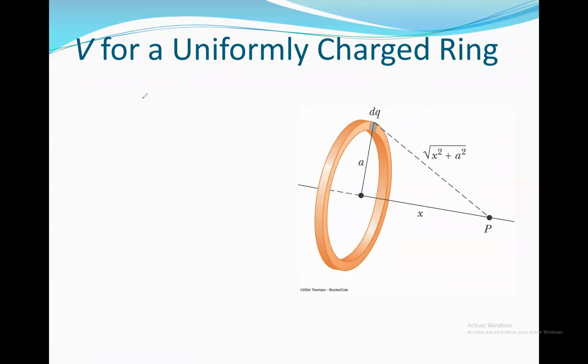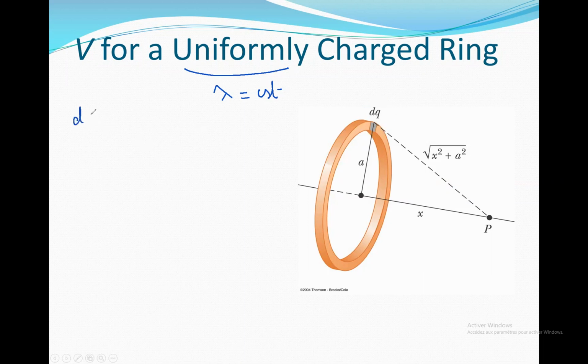Look, here we have a uniformly charged ring. When I say uniform, we talked about this before, it means lambda is constant. Okay, it's important.